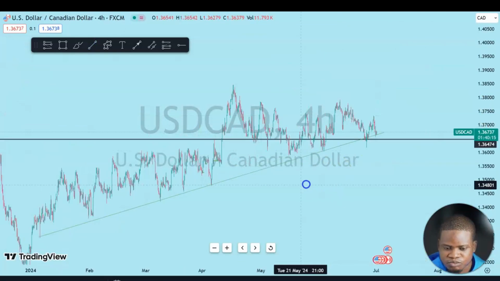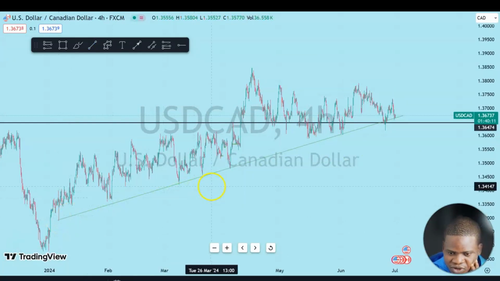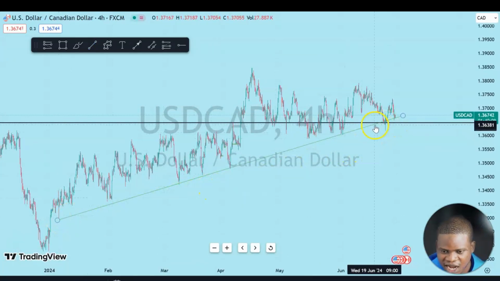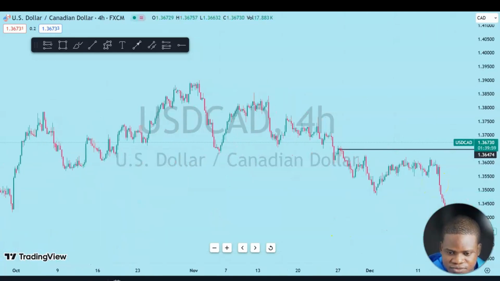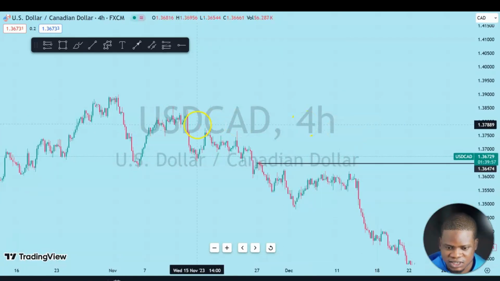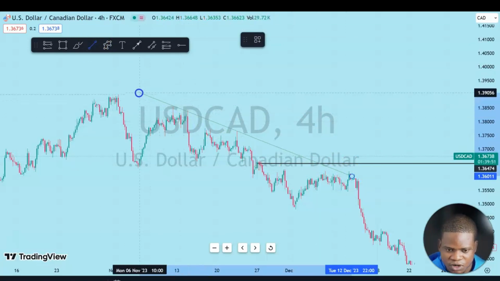I usually move the trend line from the lowest point so that I'll be able to get reasonably accurate ones. I don't start drawing the trend line from this place to this place. I draw from the lowest point to the highest point. And if I want to draw a trend line for a downtrend, for example, I draw from the lowest point to the highest point.